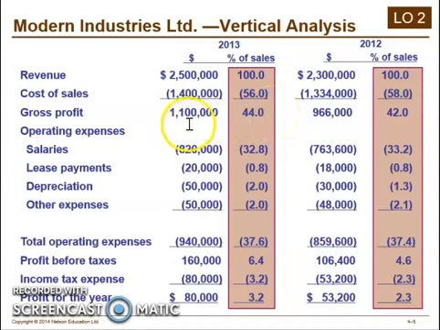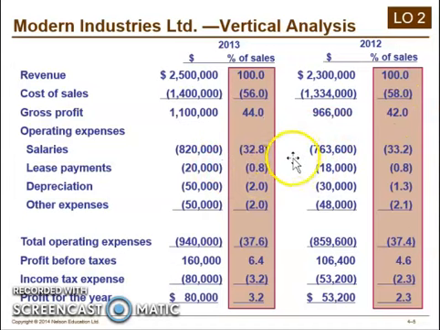So not only is 1.1 million divided by 2.5 million 44%, but the 100 minus the 56 also gives us 44%. So you can check your percentages that way as well. Looking over here, of course our 100% minus our 58 gives us 42.